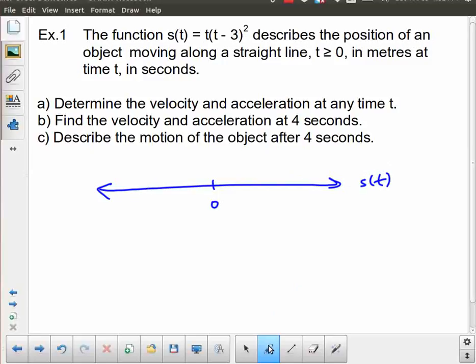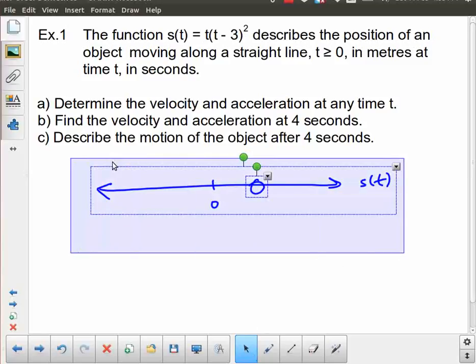Now you could graph this another way. So if this was an object, I'm just going to draw an object there. What it's saying is the object is starting here, and then it's starting to move, and then maybe it shifts back again, and then shifts this way again, and then shifts back again, that sort of thing. So this equation is describing the motion of that object.